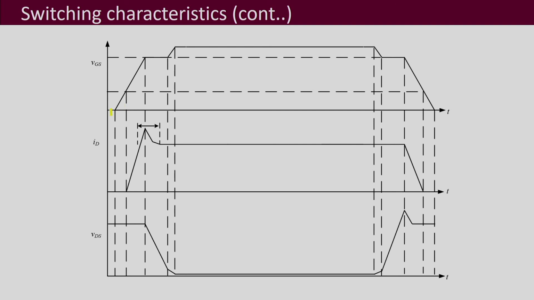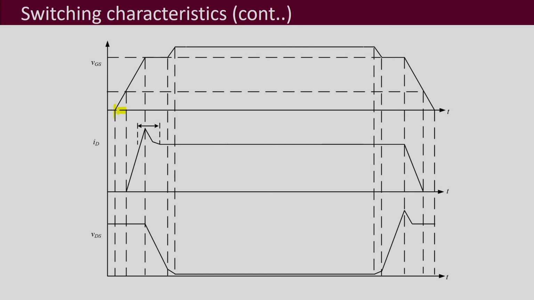Let us say your VGS begins at this point. This is the gate to source voltage, this is the drain current, and this is your VDS, the voltage across the MOSFET.